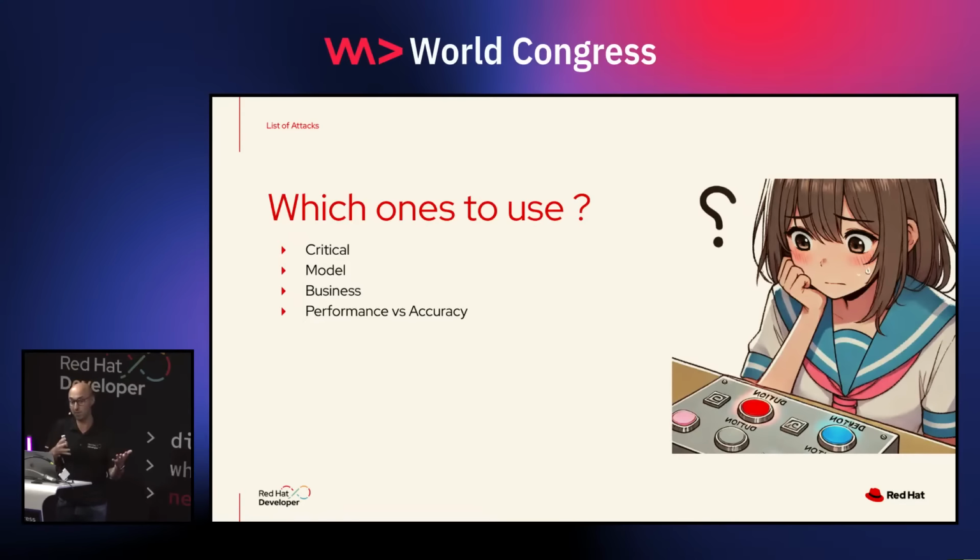So depending on the model, you will use some of these protections or not. Of course, it depends on the business and also the performance. Usually, for all these protections, you use another model. So you use a model to protect another model, which means more time. The more protections you add, the slower the response you will get.